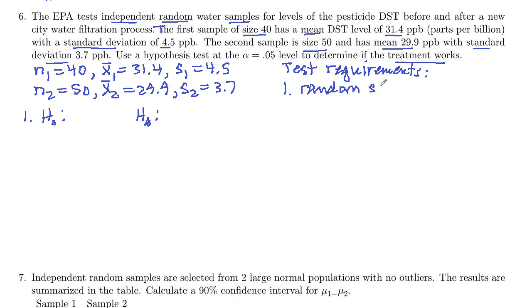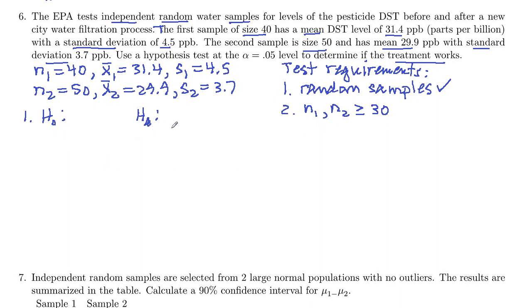So random samples from the target populations. And then in this case, our sample sizes are 40 and 50, which are both greater than or equal 30. So this is a large sample test. So N1 and N2 greater than or equal to 30. That ensures that the sampling distribution for the difference of means is normally distributed.